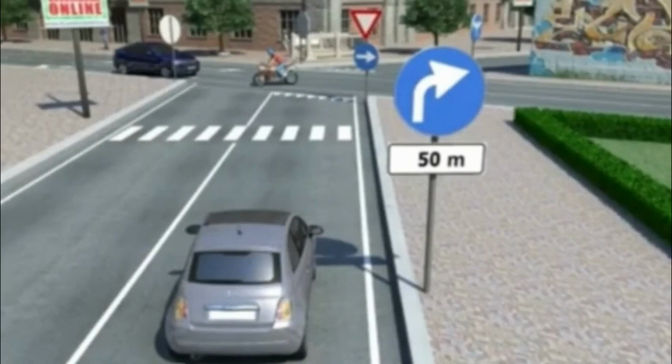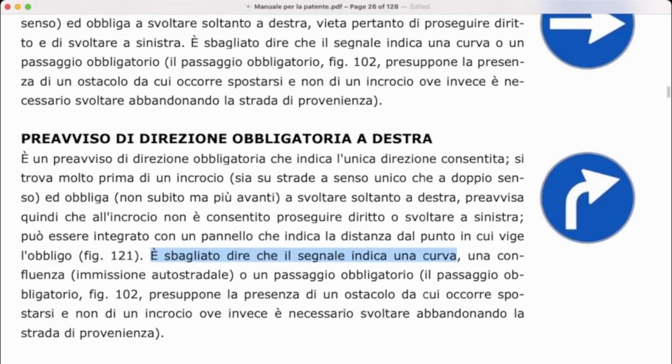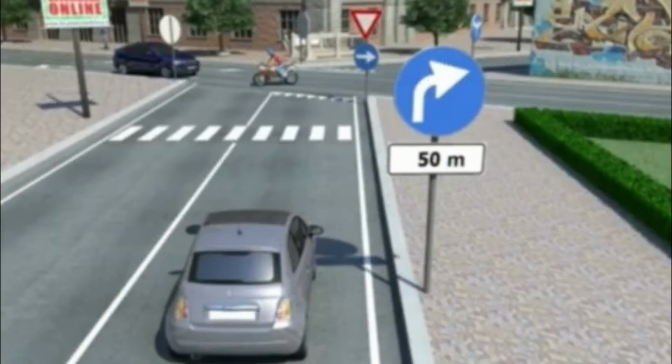So you can see this guy right here, we had 50m. So there's one more thing I need to say here, and that is we can have a pannello. Ok, so può essere integrato con un pannello che indica la distanza dal punto in cui vige l'obbligo. So that's what we saw right here, and we can see this white pannello which is written 50m.